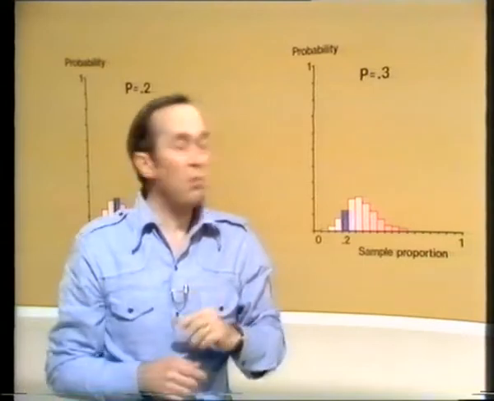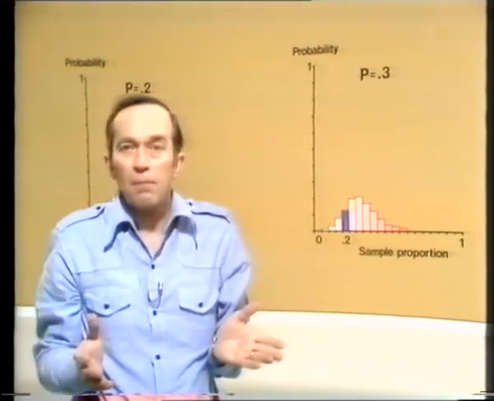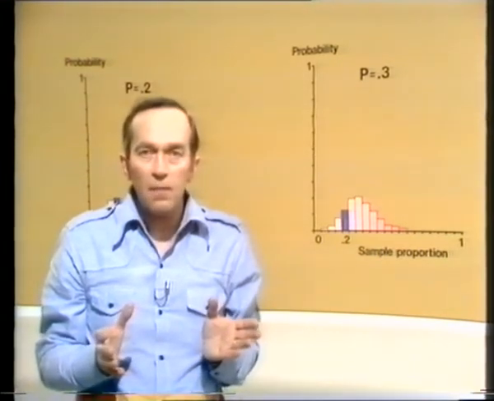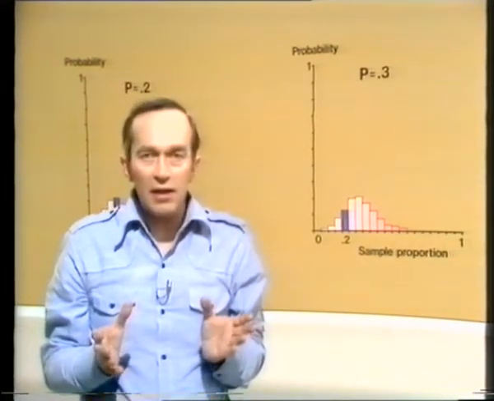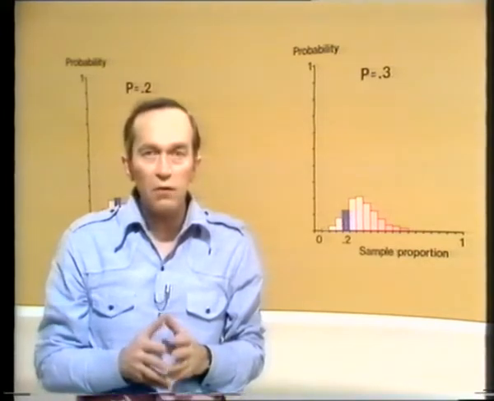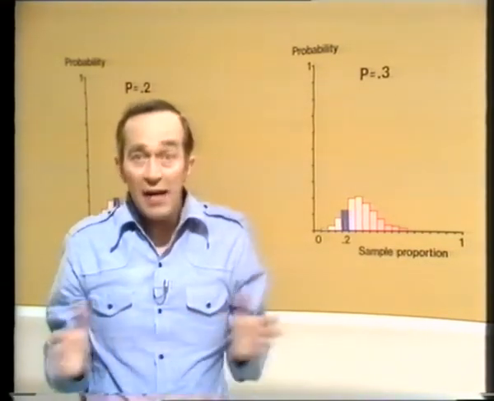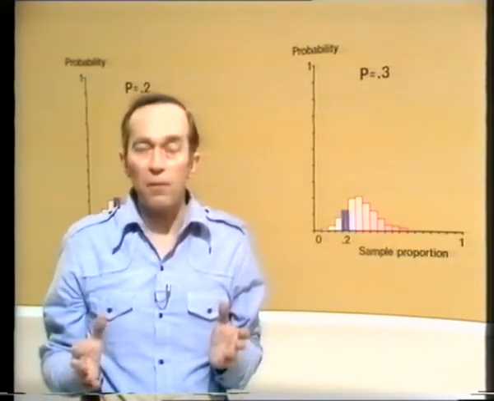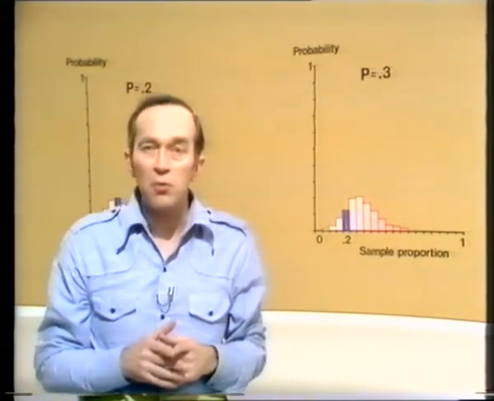But p equals 0.3 is just one possibility. What we'd really like to look at is the probability of getting that particular sample result, 4 out of 20, for any value of p, right from p equals 0 up to p equals 1. And that's what we're going to do.